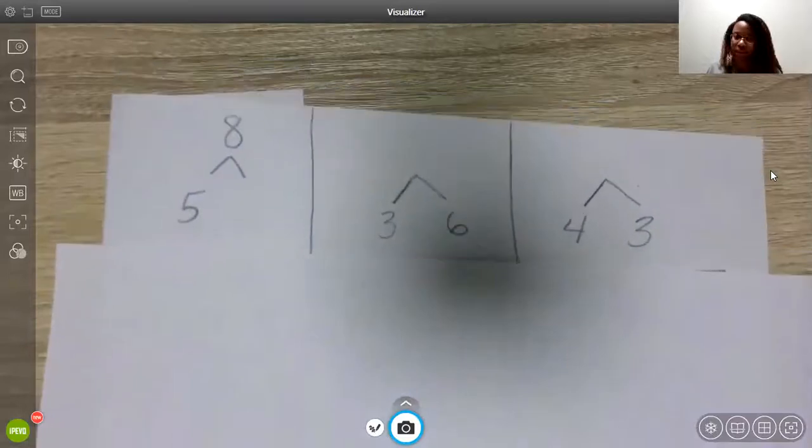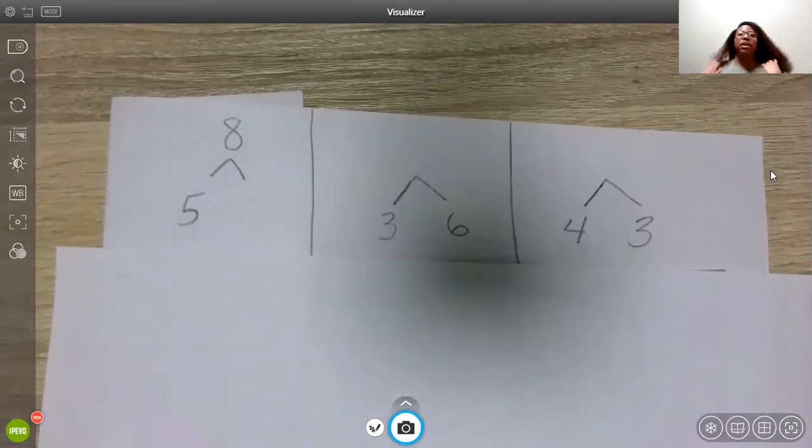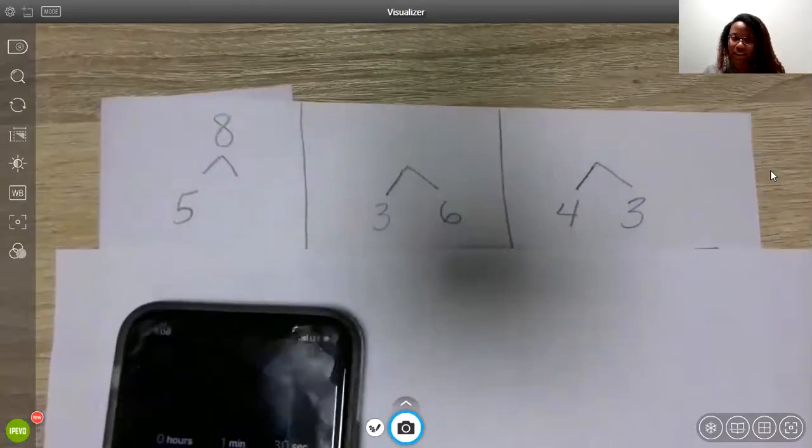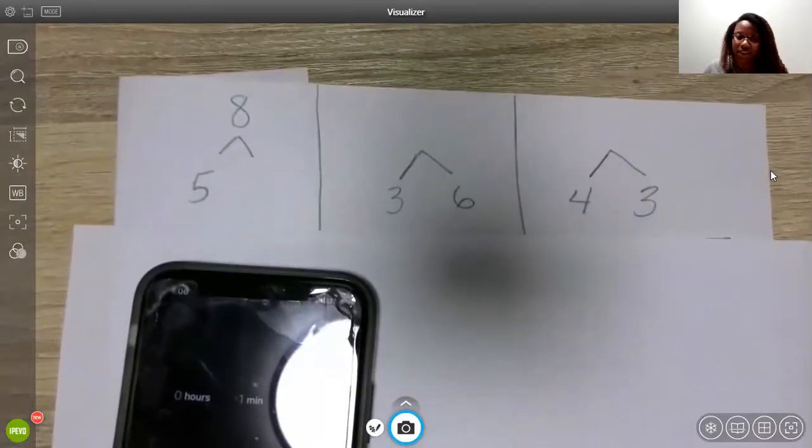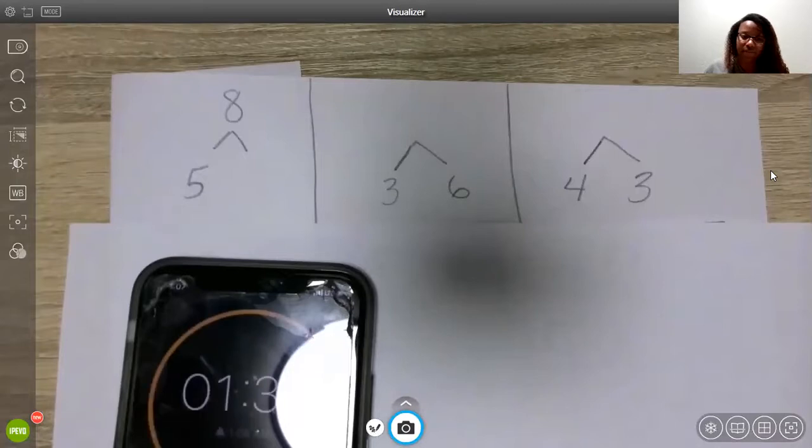And I am going to give you another minute and 30 seconds to come up with as many number sentences for each number bond in order to solve for the missing part or whole. So are you ready to get started? All right. Get ready, set, and go.